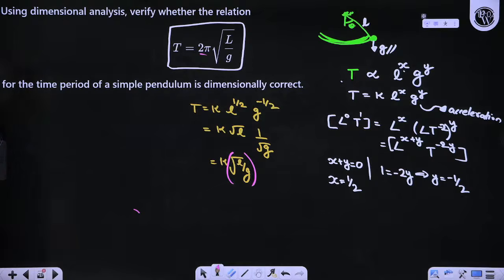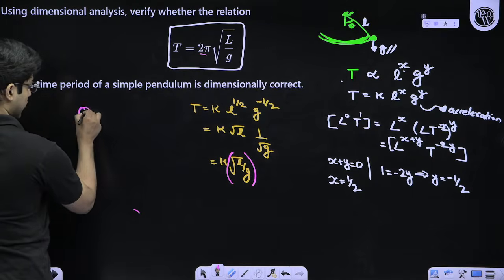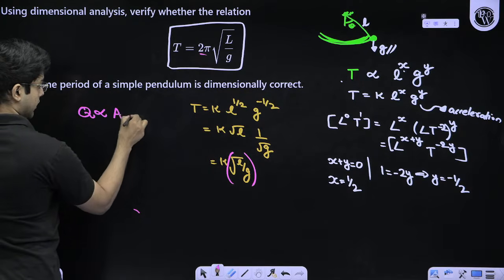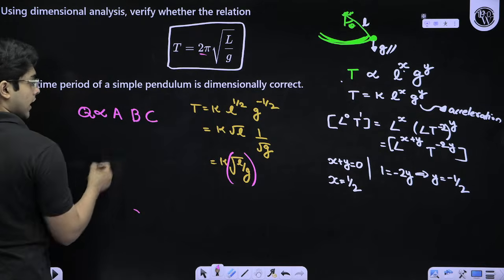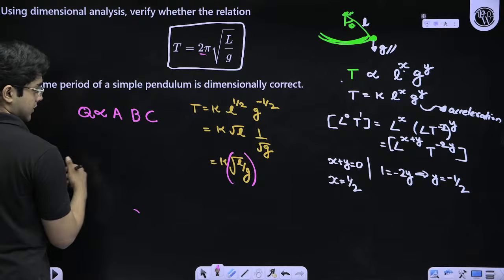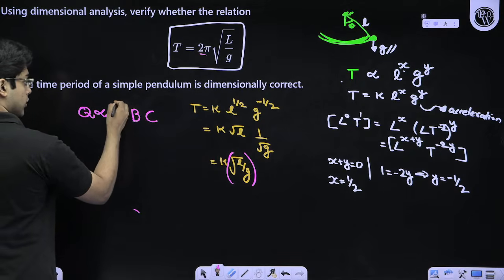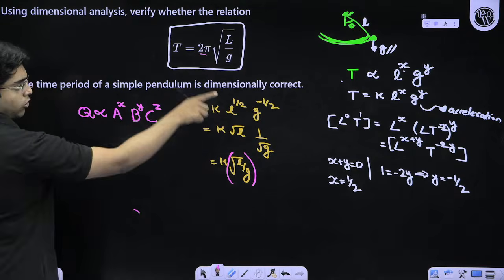That is mainly it. If a question from this appears, they will say that some physical quantity Q depends on some quantity A and some quantity B and some quantity C. This will be like force, velocity, energy, something like that. If it depends on them, then you don't know the power. So you put x, y, and z, and then you solve it like that.